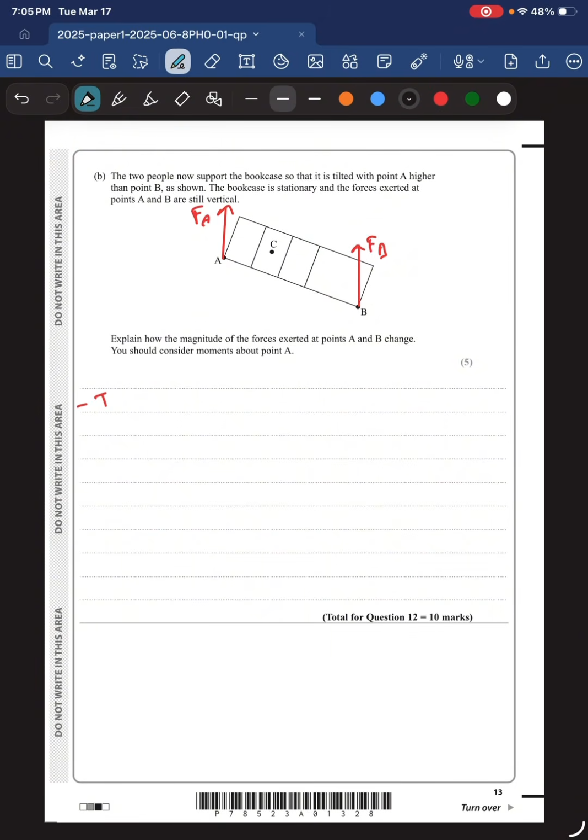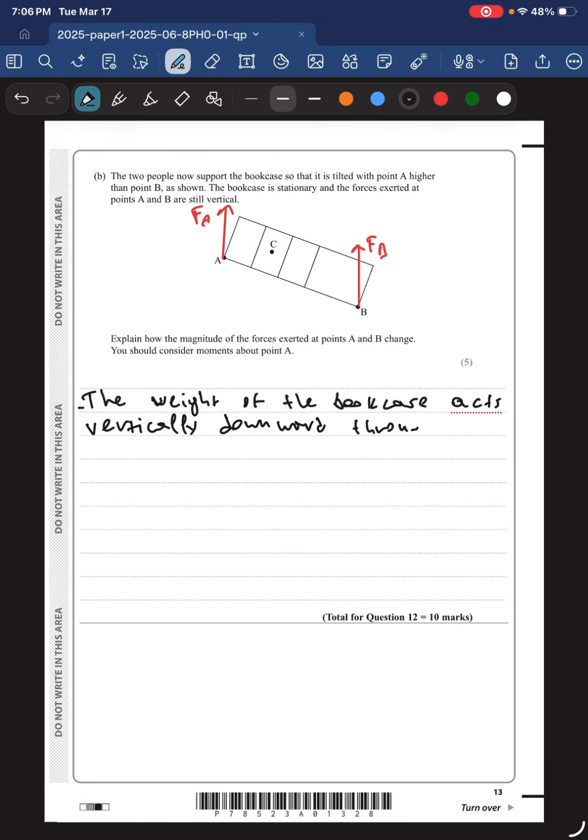Okay, the weight, let me use black. So the weight of the bookcase acts vertically downward through C. So this is what I mean.